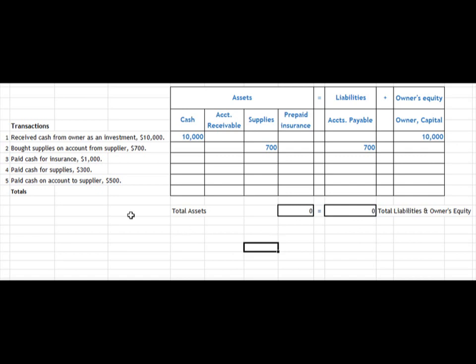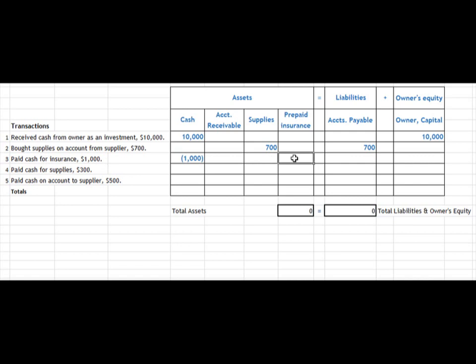For the third one, we paid cash for insurance. Payment of cash will always decrease cash. So this will be minus to our cash account, amounting to $1,000. But at the same time, we receive an insurance, amounting to $1,000.